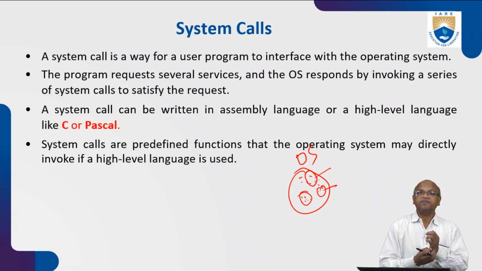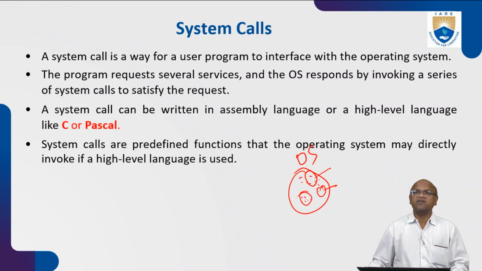A system call is a way for a user program to interface with the operating system. The program requests several services, and the OS responds by invoking a series of system calls to satisfy the request. A system call can be written in assembly language or a high-level language such as C or Pascal.